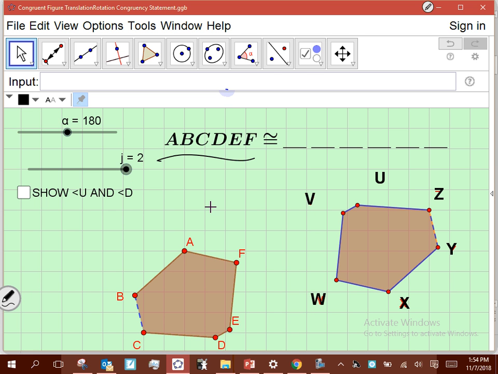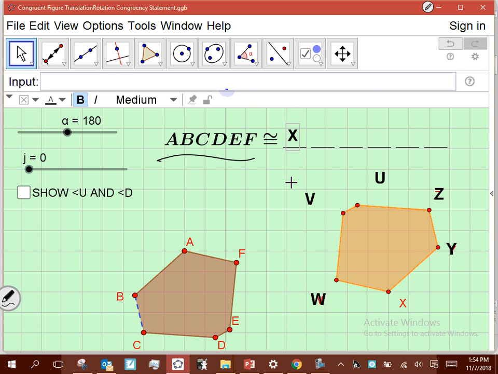So see that again. A goes to X. What that means to me is I'm going to take this letter X, and it goes in the first spot, okay? Because in the first naming, A has to match up with what it is equal to, or what it's congruent to. Does that make sense? Or what it corresponds to, what it matches to.